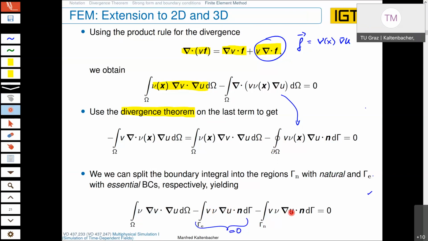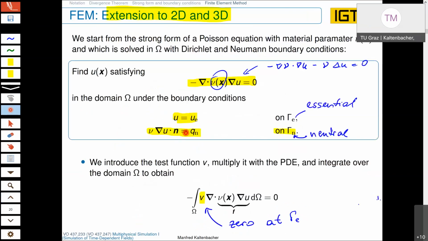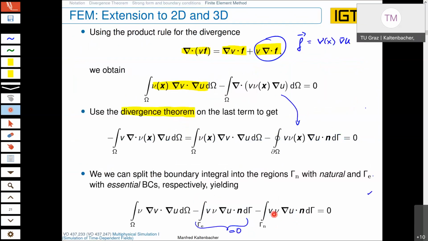And you see that here on this boundary, we already know this term. Because if I go back, here we have this result that the material parameter times the gradient of u in normal direction is equal to Qn. So you see, we naturally can put in here for this term Qn.